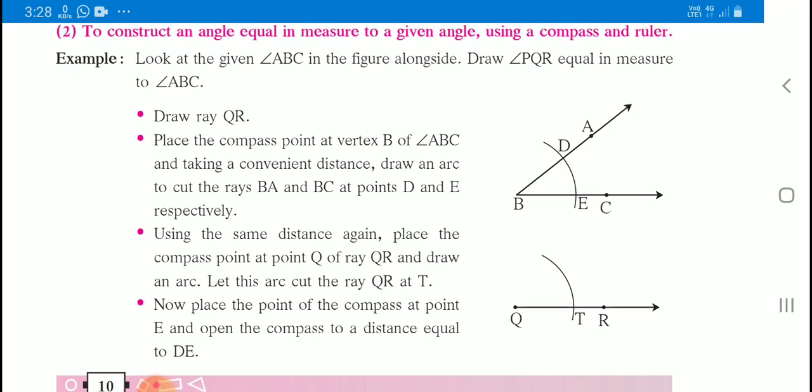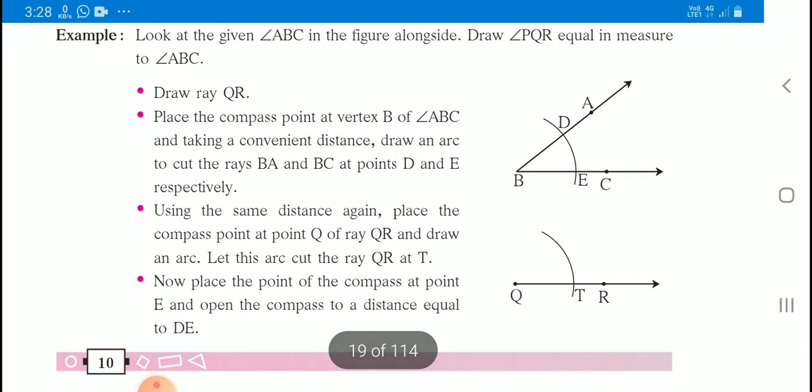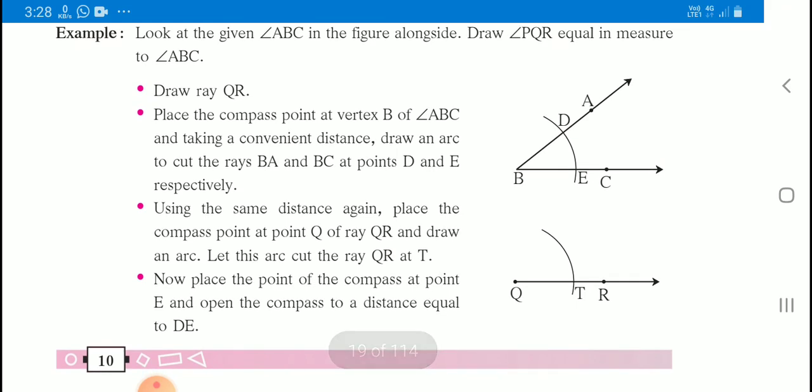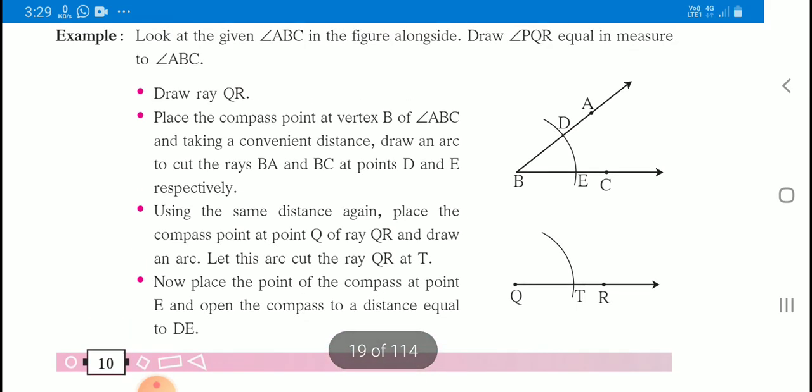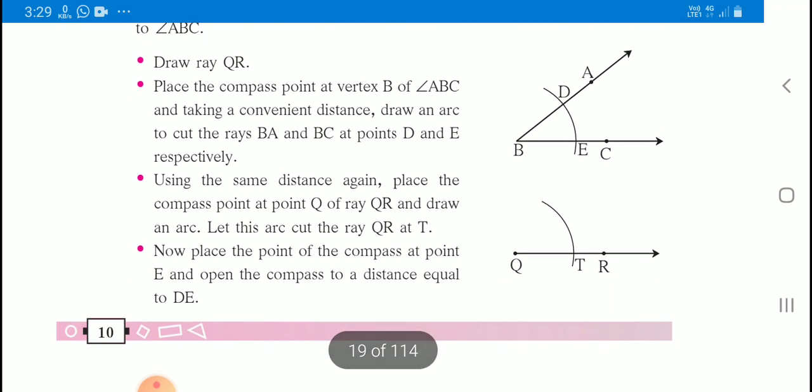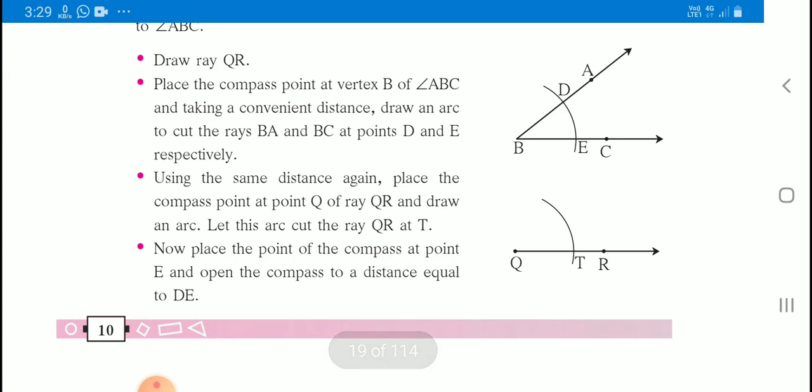Here you have to take a convenient distance and keep the tip of your compass on point B and draw the arc passing through the arms of the angle, that is AB and BC. Then give names to those points.